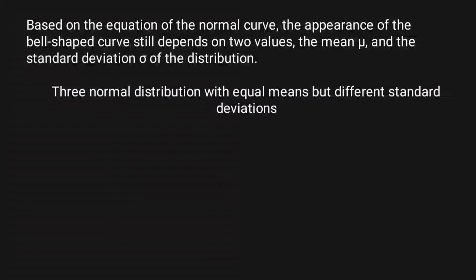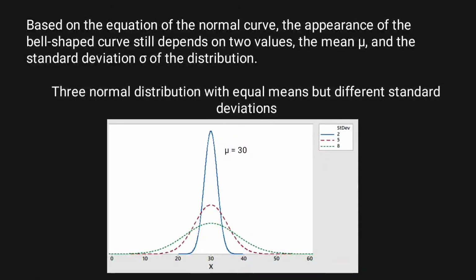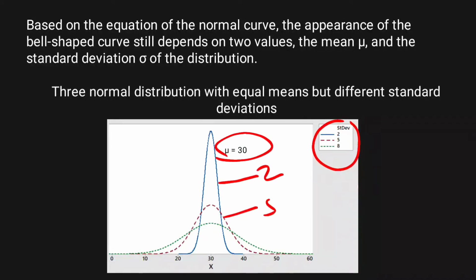So another example ng graph ng normal distribution. So we have three normal distributions with equal means but different standard deviations. Yan. So pare-parehas naman ng means but magkakaiba ng standard deviation. So ang mean ng tatlong graph natin lahat is 30. So mu equals 30, with the standard deviations 2, 5, and 8. So standard deviation netong pinakamataas ay 2. Then sa gitna is 5.